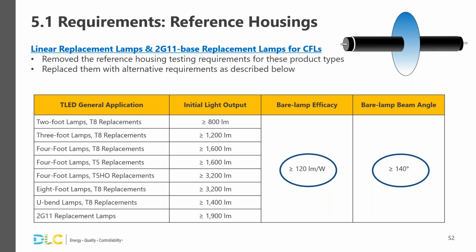We will be calculating the bare lamp beam angle requirement based on your IES LM79 test. So once again, for this category in 5.0, we will keep the current 4.4 reference housing policy, but in 5.1, these products will have to meet a new requirement, which is the bare lamp beam angle requirement. Next slide, Axel.